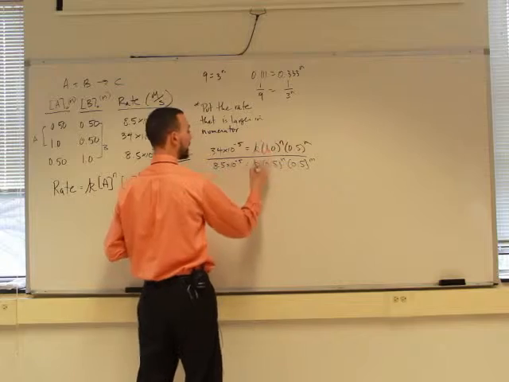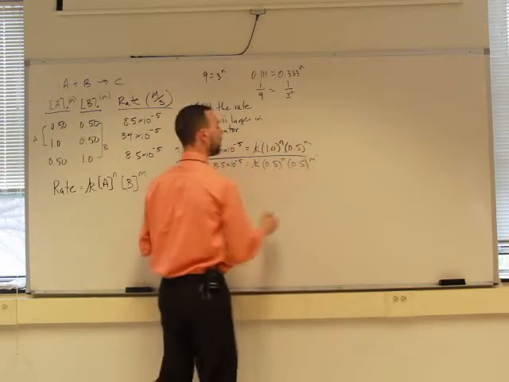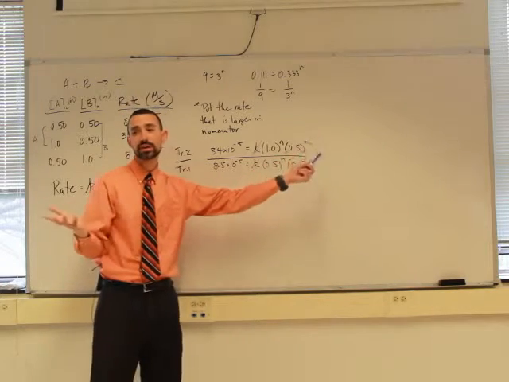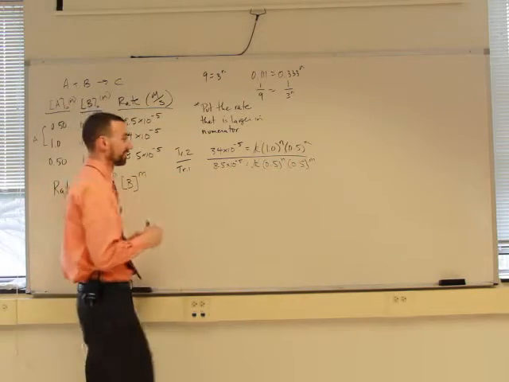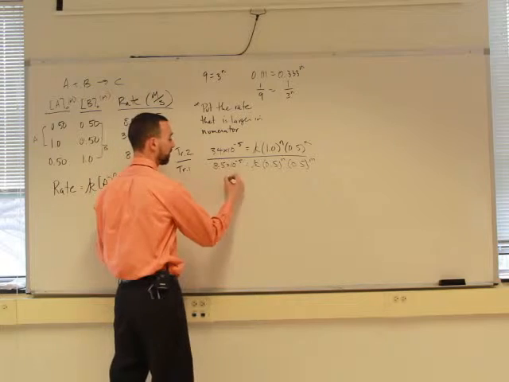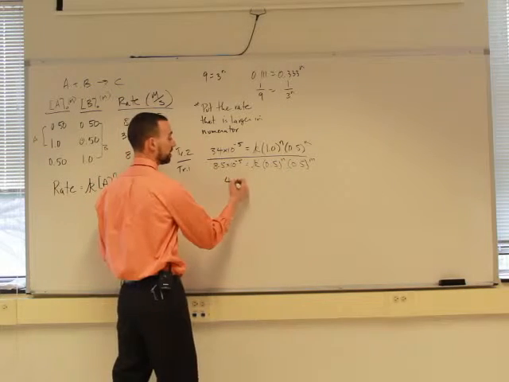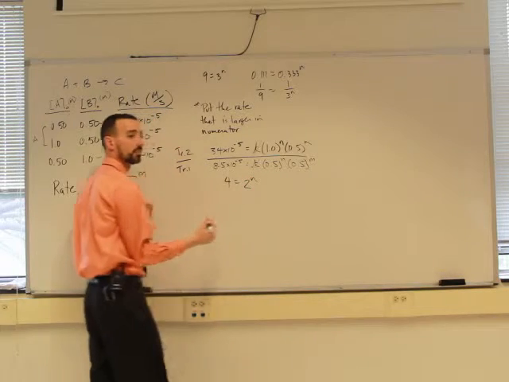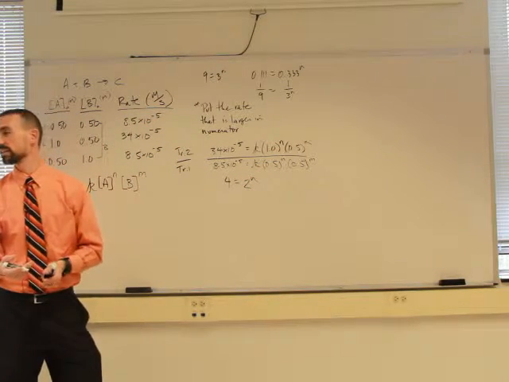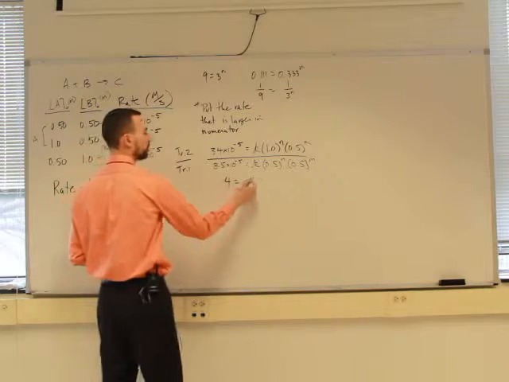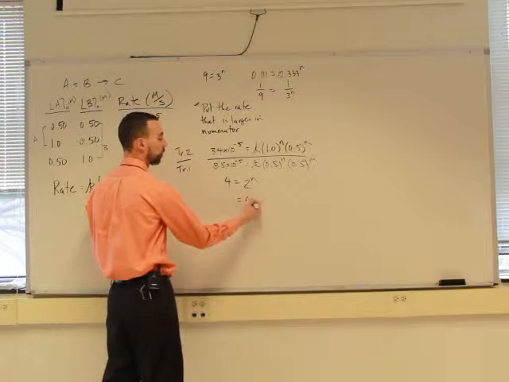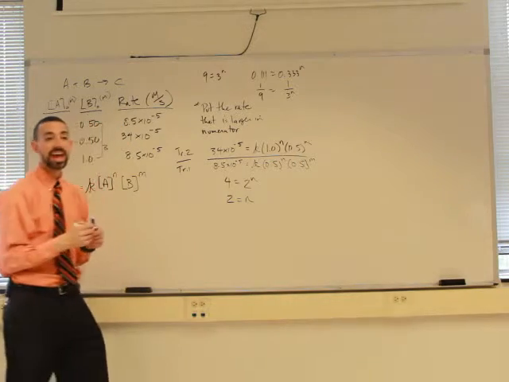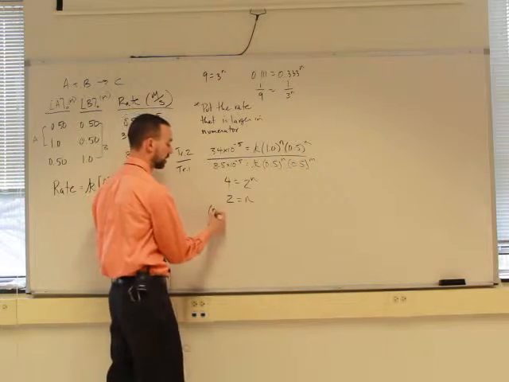The K's drop out, but also 0.5 to the M. I don't know what M is, but 0.5 raised to it is always going to be the same thing. 34 divided by 8.5 is 4. 1 divided by 0.5 is 2. Again, we've got an easy question staring us in the face. 2 raised to what power is 4? N equals 2. So we found that A is second order.